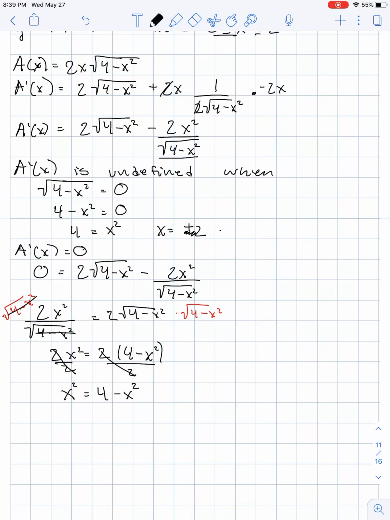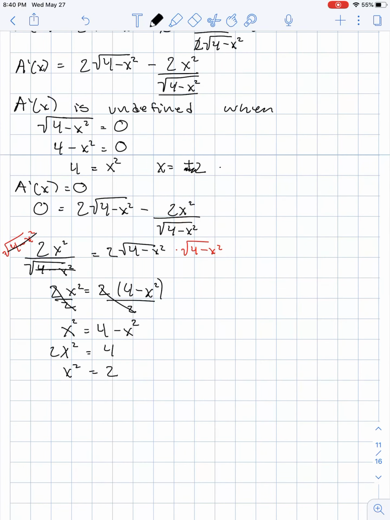Okay. So then if I add x squared to both sides, we get 2x squared equal to 4, x squared equal to 2, and x is equal to plus or minus the square root of 2. But as we said before, x can only be positive here, so we're going to keep square root of 2.